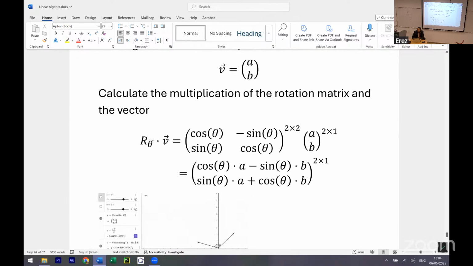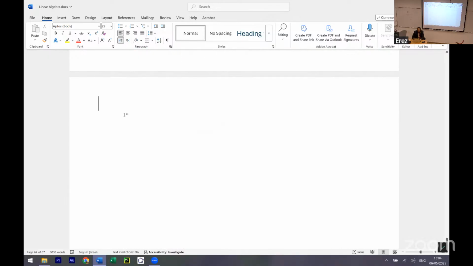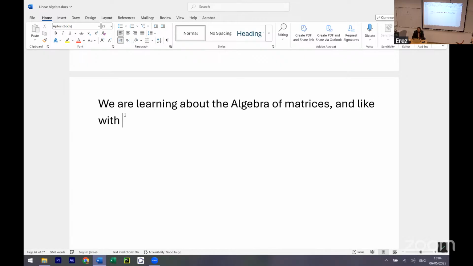And so we are learning about the algebra of matrices, and like with fields, we want to know what properties hold.